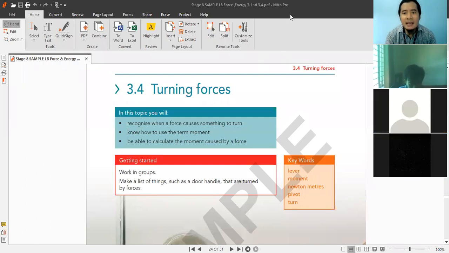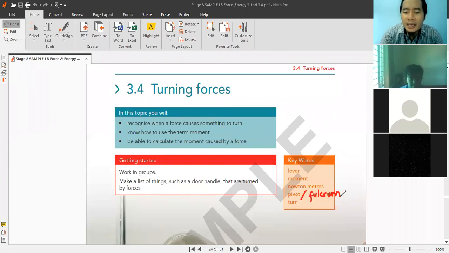Maybe add the other reference. Pivot can also be called fulcrum.